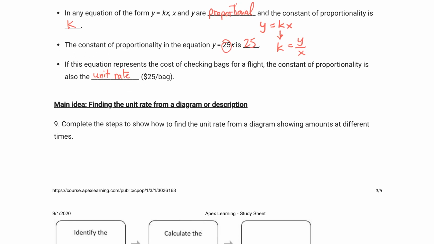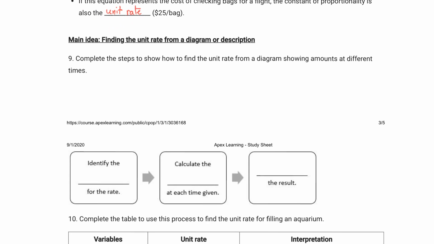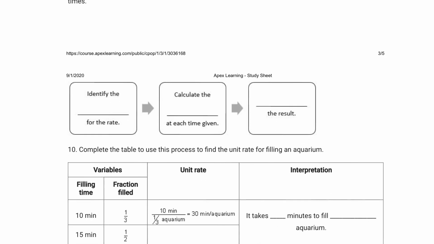Another main idea here: complete the steps to show how to find the unit rate from a diagram of amounts at different times. Well, what you would do is, we have this here. You have to identify the variables.